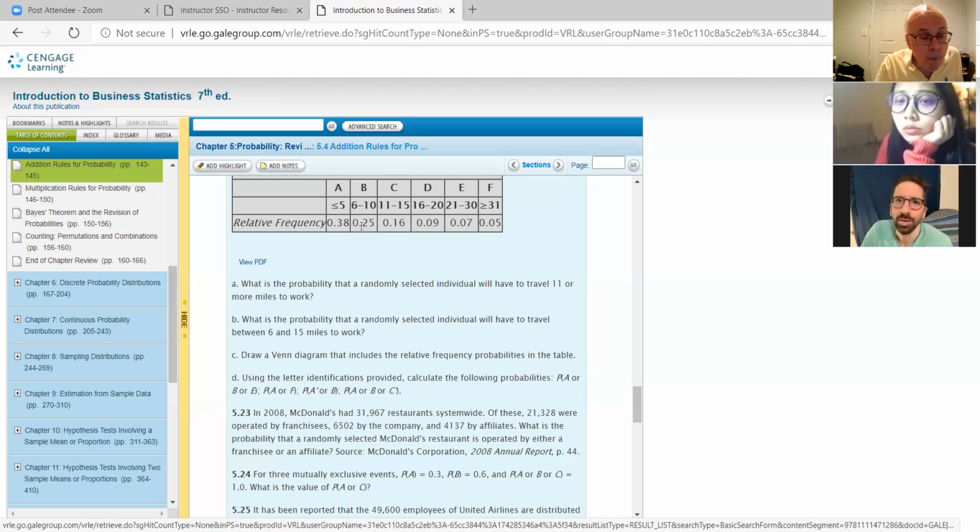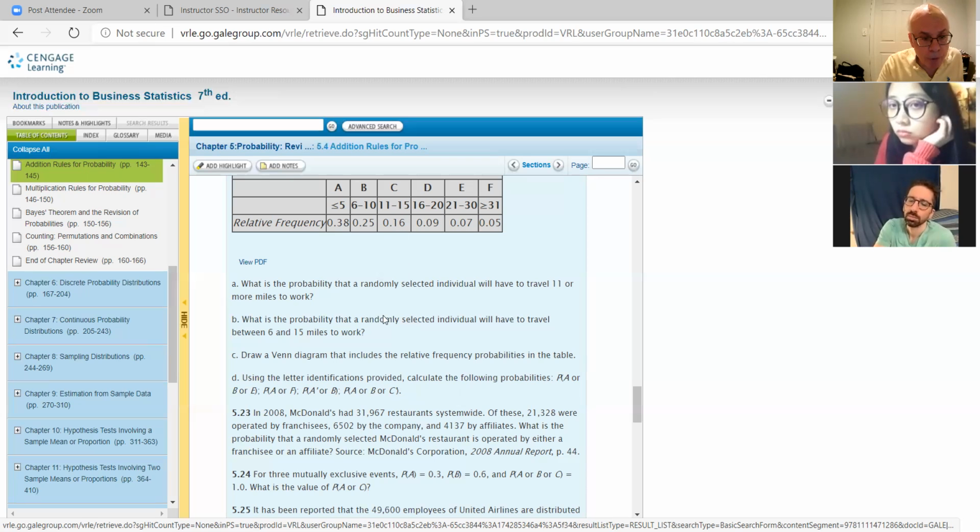No, so A or B or not C. Wouldn't that be 0.84? Because you're basically only excluding C there. That's correct. 1 minus 0.16 is 0.84. You're only excluding C. A or B would just be the sum of these two. Not C would be these two plus D, E, and F. So it's basically the sum of all the 5 other than C.